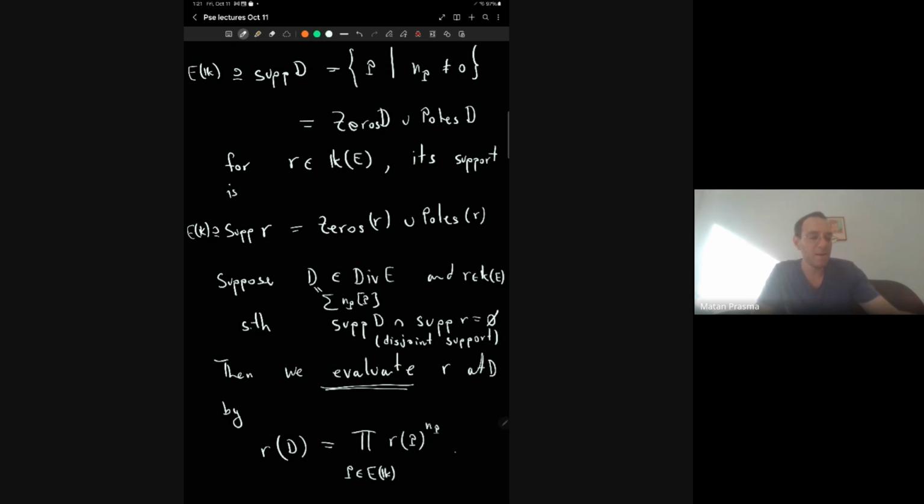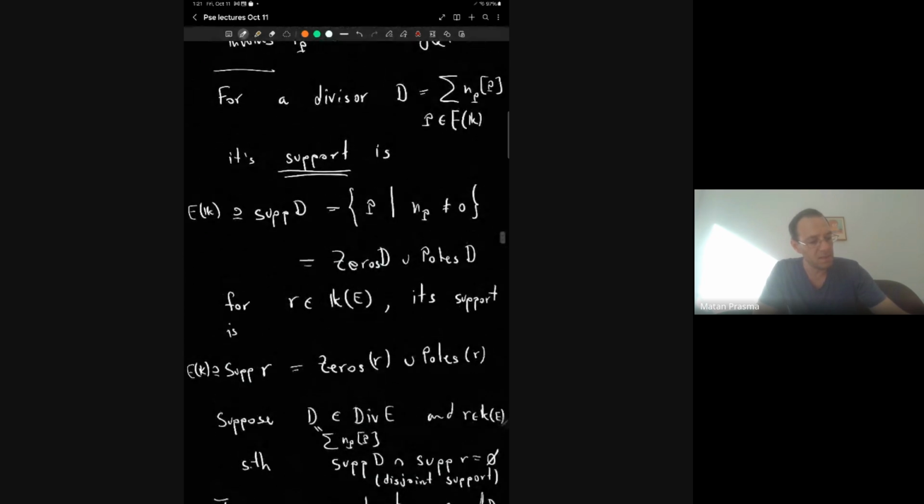But we can extend the definition by saying that for a divisor D, any point P for which NP is non-zero is either a zero or a pole. If NP is positive, we say P is a zero of D, and if NP is negative, we say P is a pole of D.